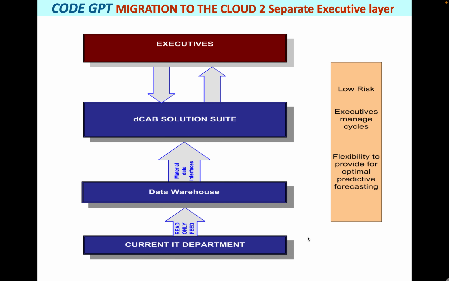We take input from the data warehouse service on a read-only basis, and we ensure that all material transactions are accounted for and are included as input into our suite. This sets up a set of parallel processes that can be used to compare and reconcile and to ensure that accuracy and performance benchmarks are satisfied.